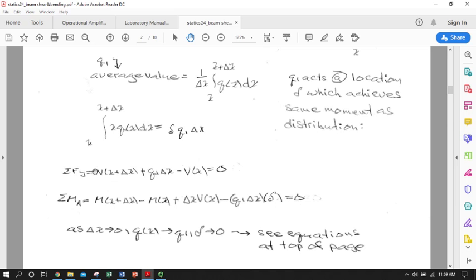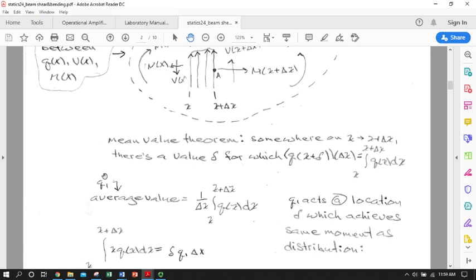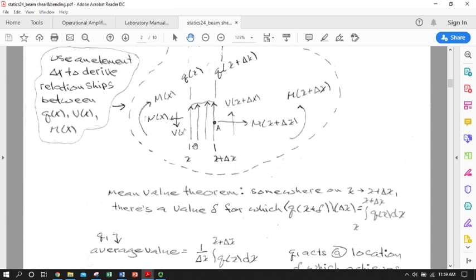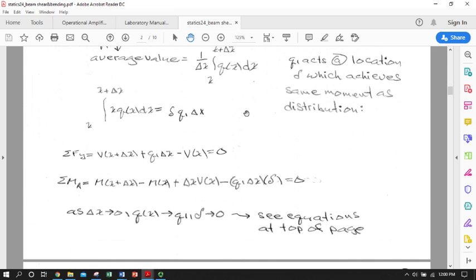Let's tally up forces in the y. So we're going back to our free body diagram of our differential element. So we're going to tally up everything that's in the y direction and bring it down here. So we ended up having our shear at position x plus delta x plus our average value of our distributed load times the width of our differential element.